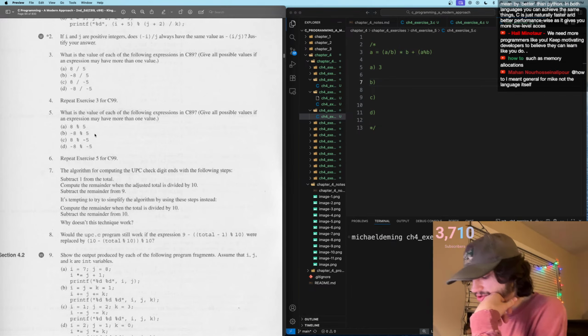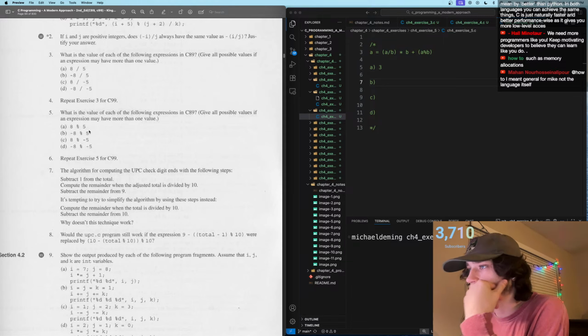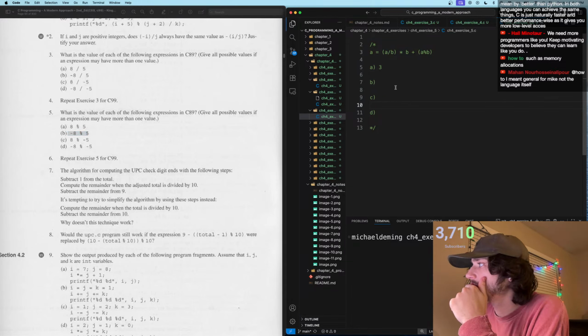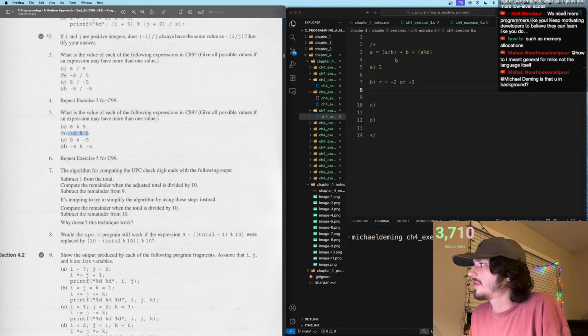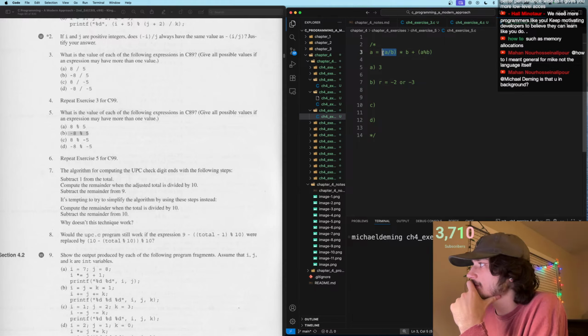or it gets rounded down towards infinity. So it's either -2 or -3. So -2 or -3 is the quotient. So R is equal to -2 or -3. So if we satisfy this, this would be the -8 divided by the 5, which is, well, in this case, does it truncate it here?